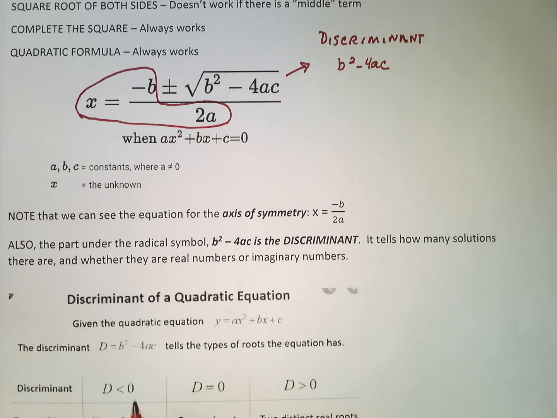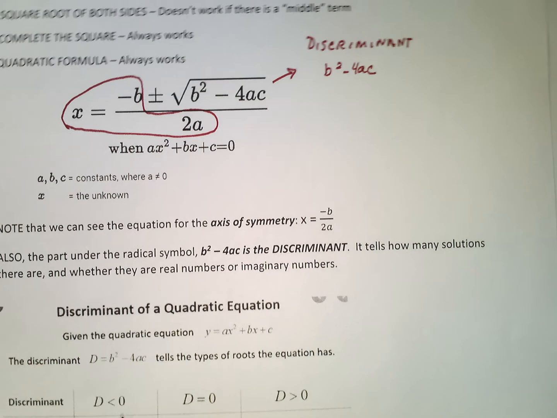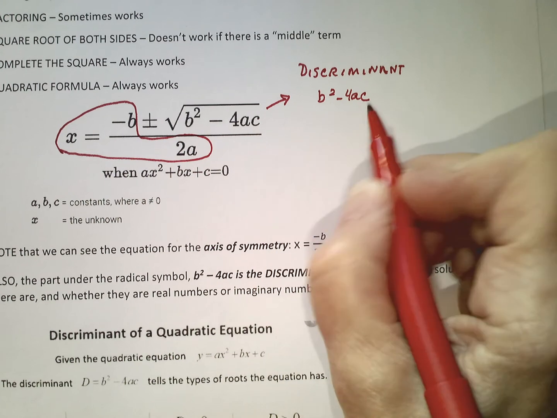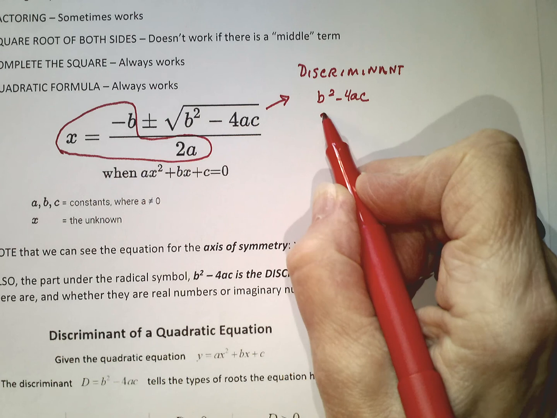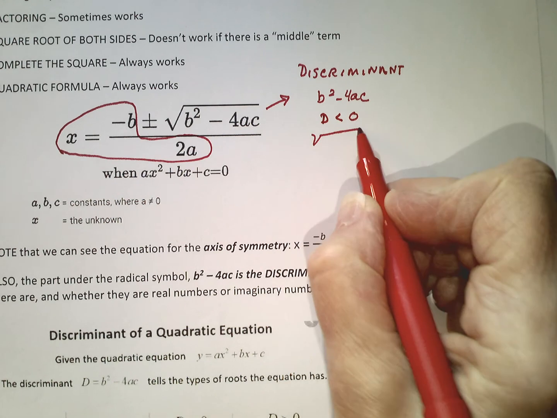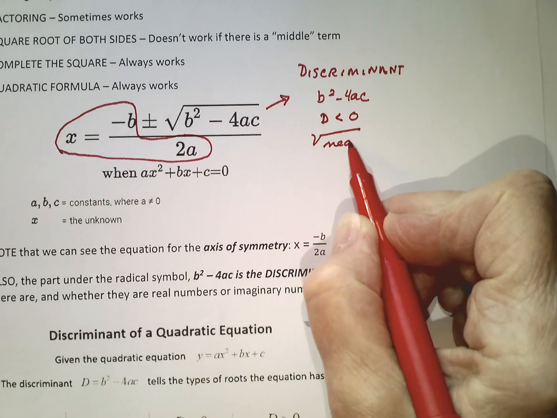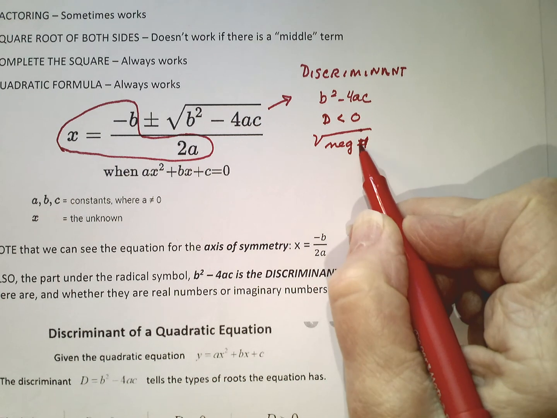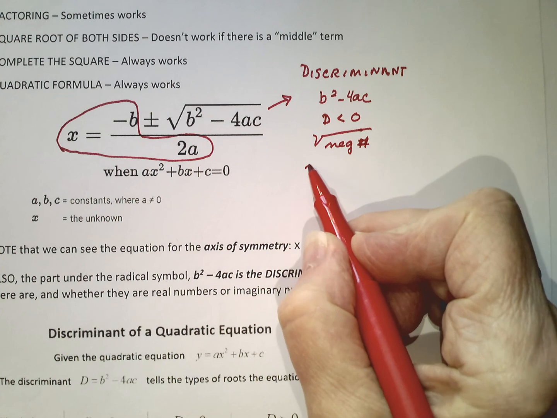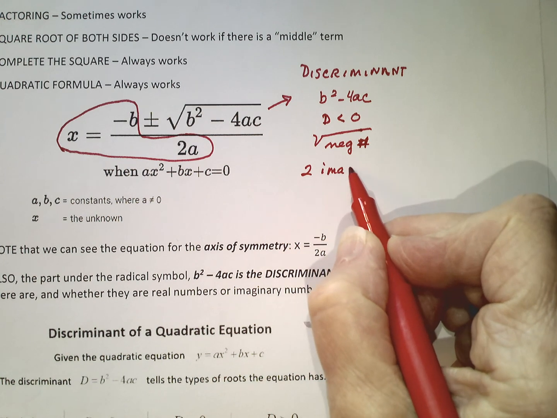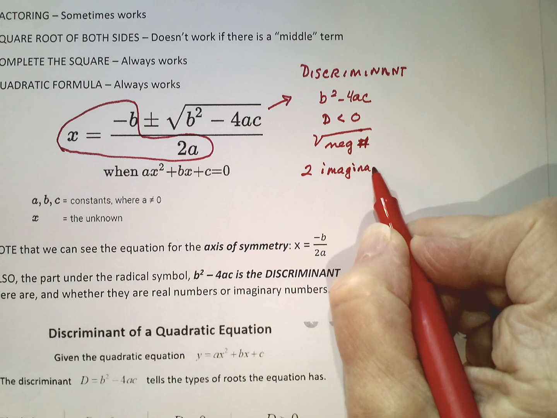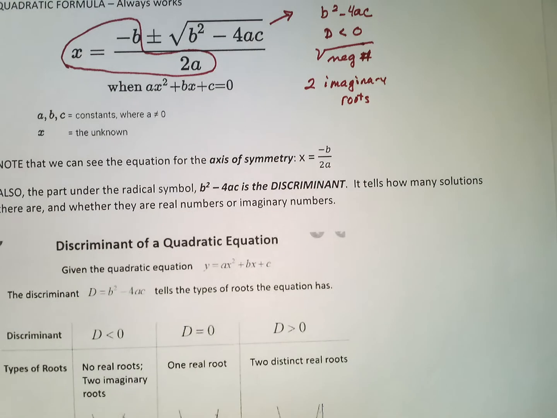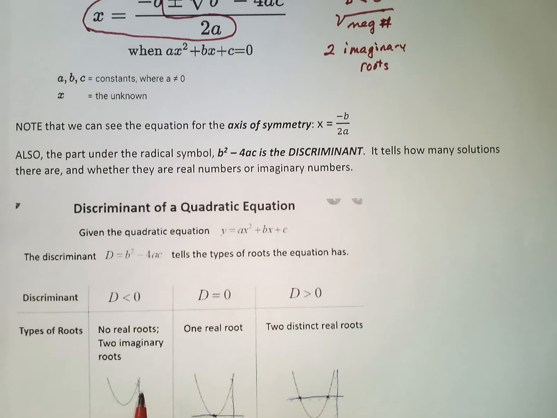So if the discriminant is negative, the b squared minus 4ac is negative, that means that we're taking the square root of a negative number. And you know that's not going to do well. We're going to come up with some kind of imaginary roots, and it turns out that the graph will not cross the x-axis.